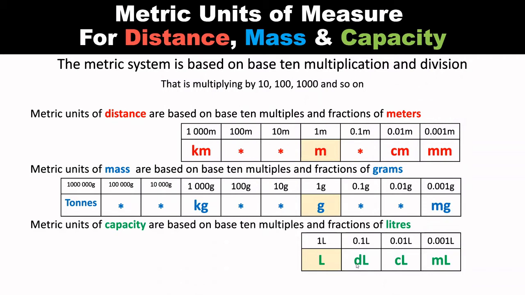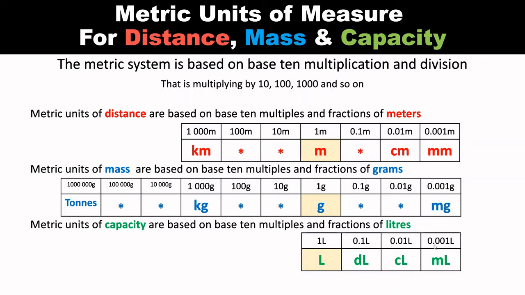Well, sometimes we use deciliters when we're baking. That could be the amount of liquid that recipe might take. We also use centiliters, that's 1/100th of a liter, when we might be baking or cooking. Notice that centiliter is lined up with centimeter. 1/100th of a meter is a centimeter. 1/100th of a liter is a centiliter.